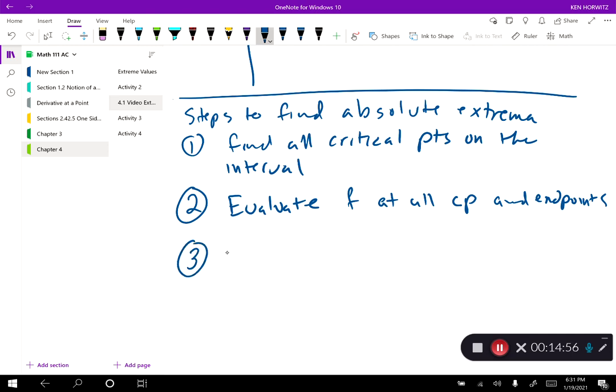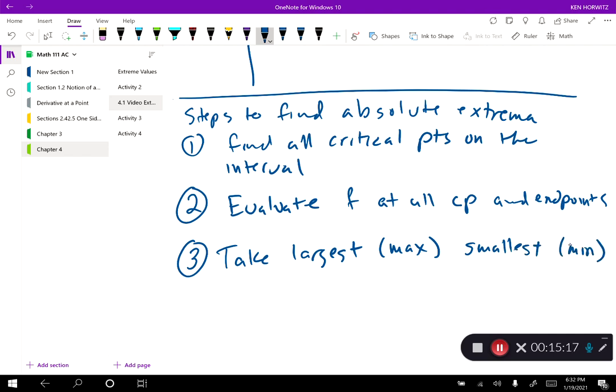All right, and then whatever y values come out, you take the largest is your absolute max, and your smallest is your absolute minimum.